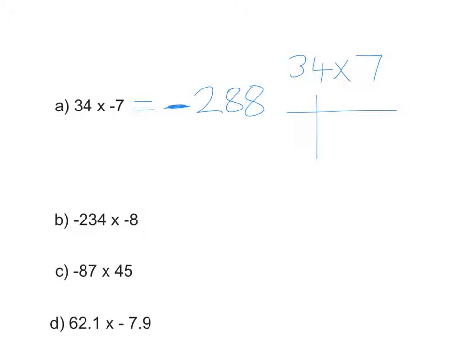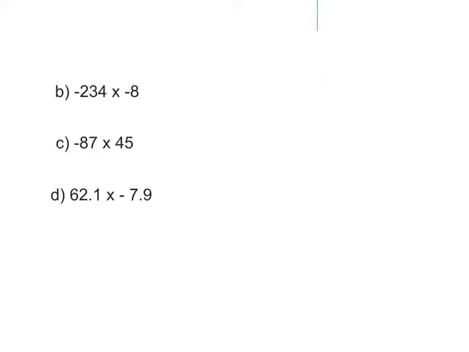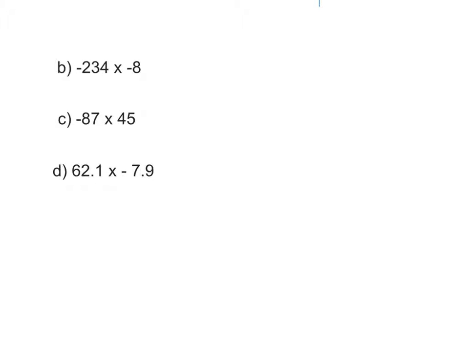Great. Okay, let's look at B. Remember my rule is negative signs always come in pairs. Negative 234 multiplied by negative 8. Well, I'm multiplying, so the rule counts. Negative and negative. I've already got a pair of negatives, so my answer must be positive, because if it was negative, I'd have 3 negatives.